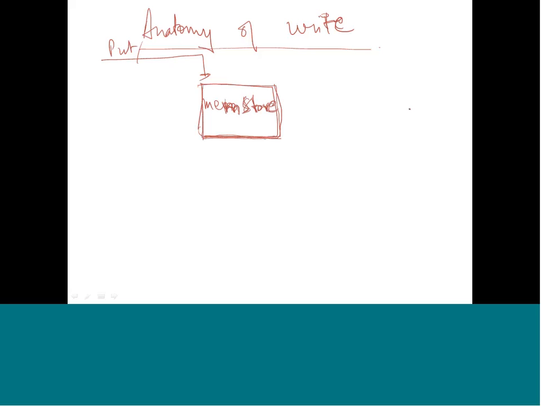All right. Now memstore, actually no, that's not how it is done. Whenever a put happens, this is step number 2. Step number 1 is you write it to a write-ahead log file.